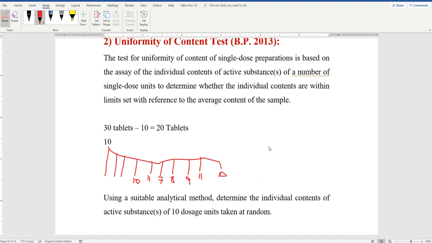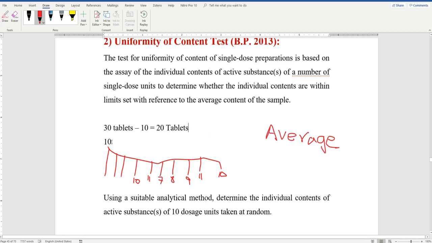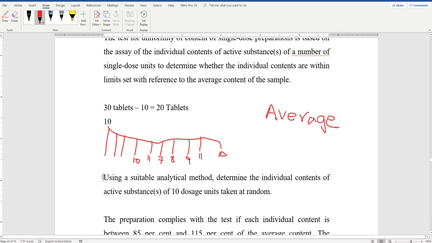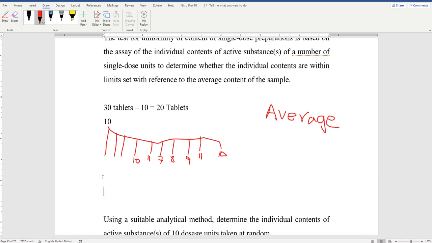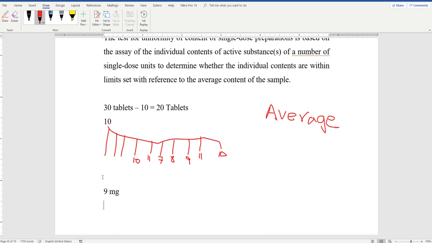Okay, after that find the average. How do you find the average? Add this one and this one and this one and this one. Add the 10 readings and divide them by 10. Suppose the average is 9 milligram.